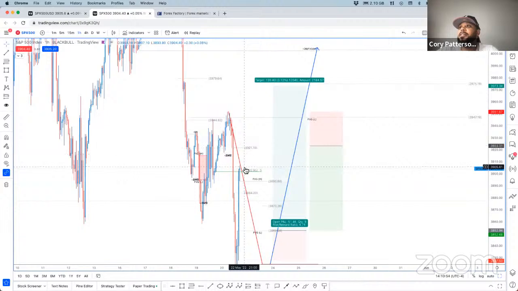So if it just keeps going up, we take out this high, we come there, right? But even once it gets there, because we already know we're bearish on the higher time frames, I've got to say, all right, if it comes here, I need to lock in some targets, lock in some profit.